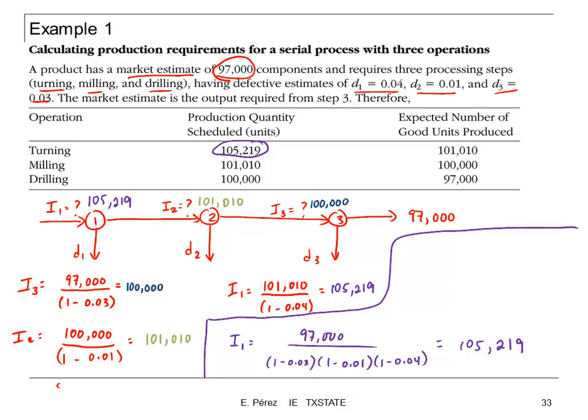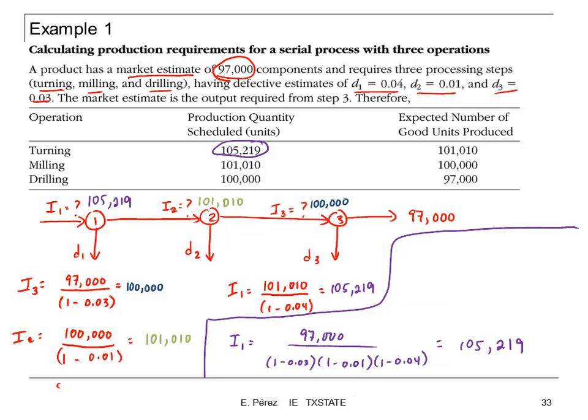So this was the last thing that we discussed on Wednesday. Here we were trying to find out what was the required input for this process in order for you to be able to have a desired output for this process, which was 97,000 units.